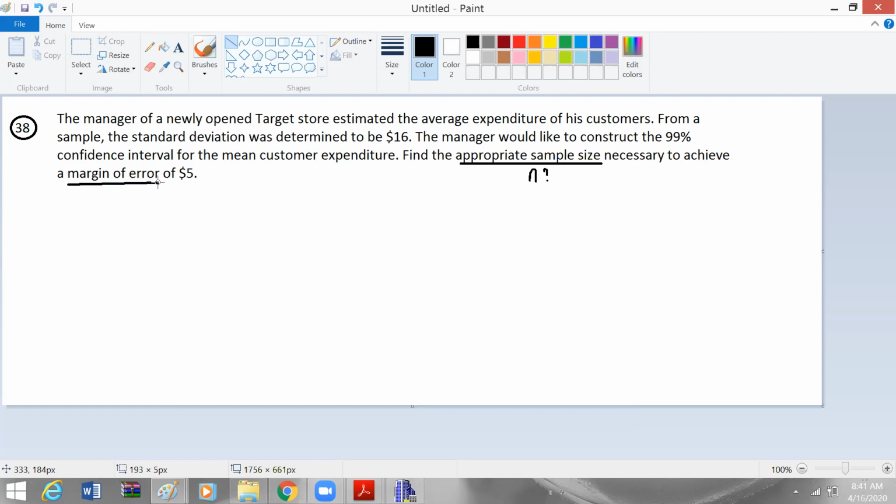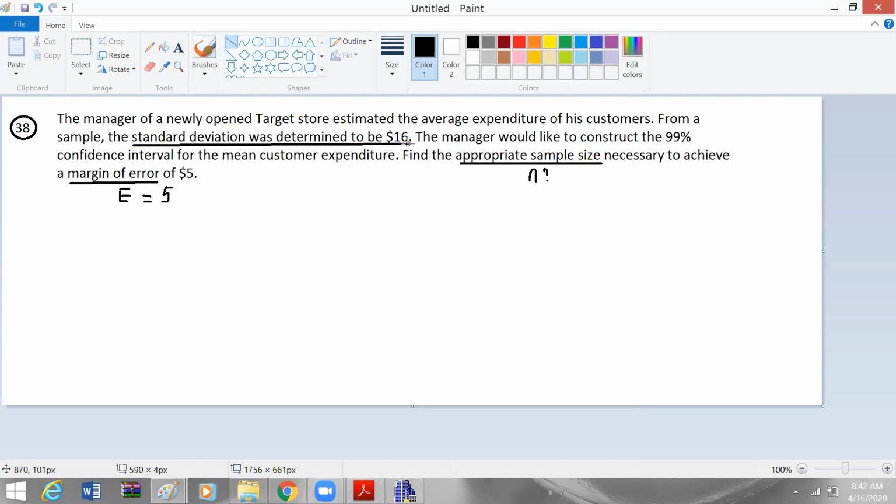So this gives us the error, which is about equal to 5 hours. Remember that the error is usually the smallest number, and the standard deviation that we have here is 16.